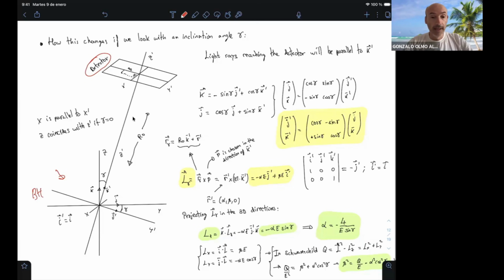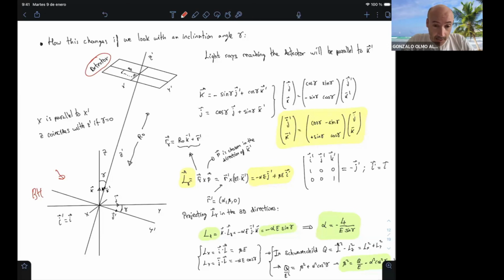plane, and as we see, we are choosing on the detector the Z prime axis aligned along this gamma. This is the inclination angle. So when gamma is 0, the axis coincides. It's that simple. C will be C prime.